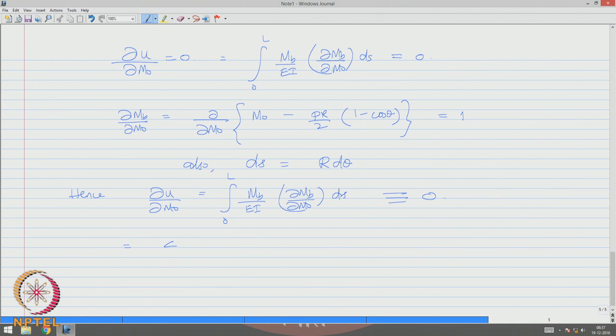There are 4 segments, so let us say 4 times, with theta varying from 0 to pi by 2, that is the validity of theta. MB is M naught minus Pr by 2 times (1 minus cos theta), divided by EI, and dou MB by dou M naught is unity and ds is r d theta. Set this to 0.